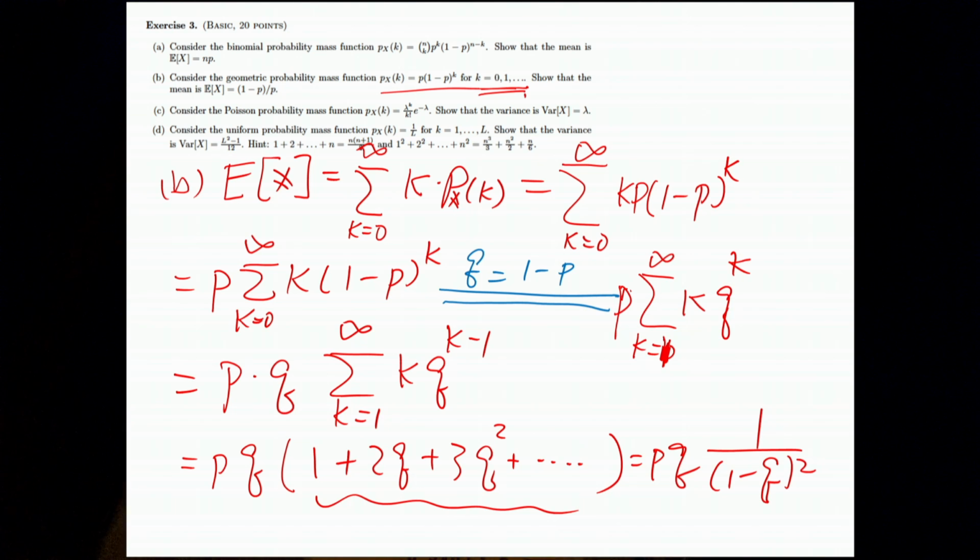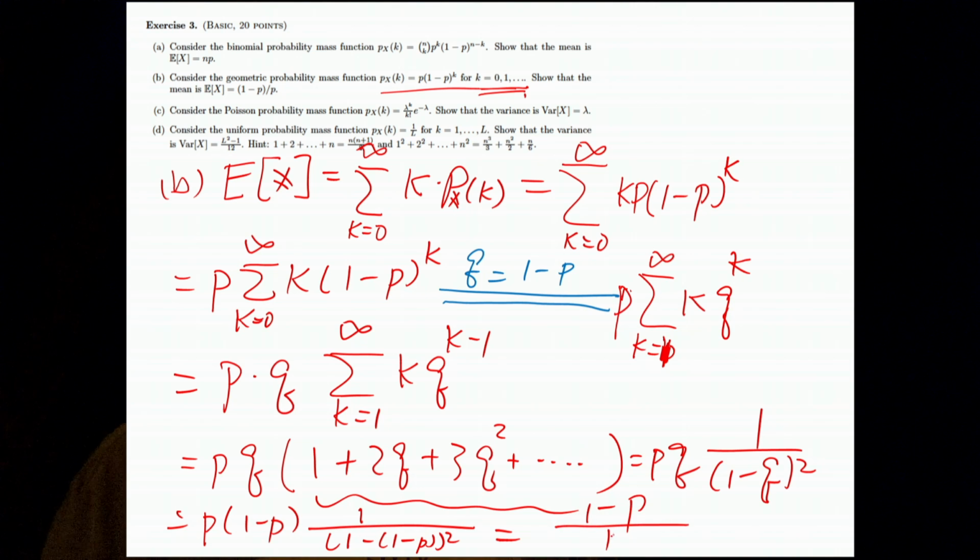Now we substitute q equals 1 minus p back. So it's p times (1 minus p) over (1 minus (1 minus p)) squared, which is p squared. Finally, we get (1 minus p) divided by p.